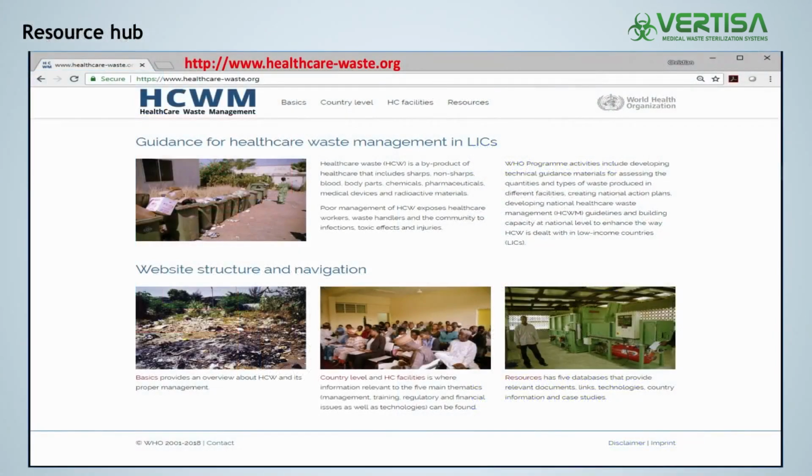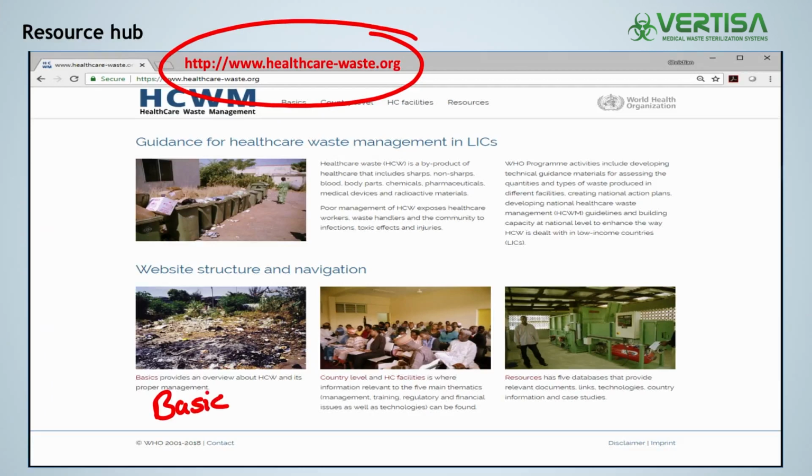Also, this webpage by WHO is a resource hub for very many different issues related to healthcare waste management. We have links to basics, there are aspects of country issues, and there's a link to resources, to many documents giving more information on healthcare waste management.